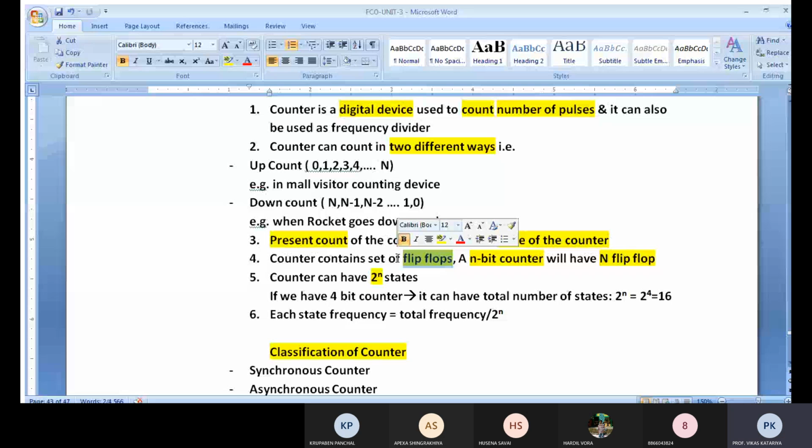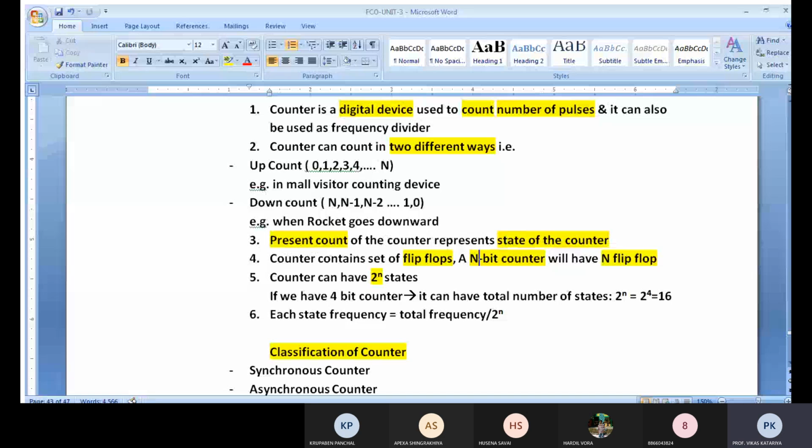Depending on which sequence we are going to generate, it depends on the n-bit counter. We will discuss later how many bits are required for generating the sequence. An n-bit counter will have n flip-flops. For a four-bit sequence, it requires four flip-flops.